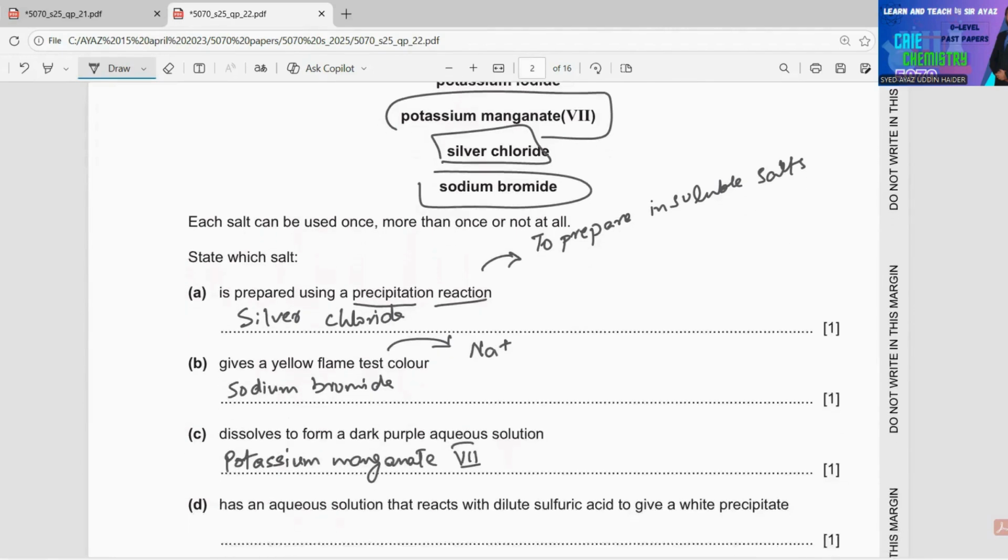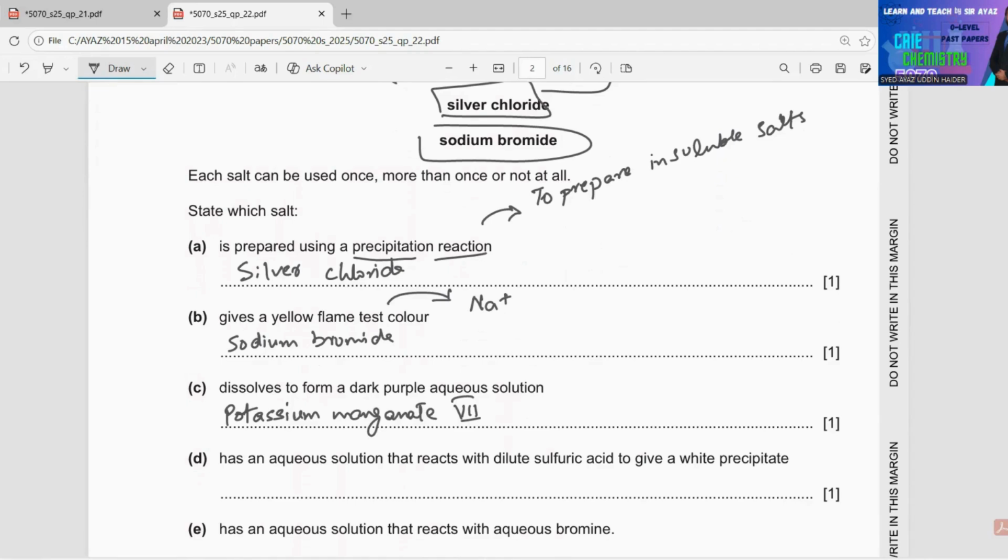Part D, has an aqueous solution that reacts with dilute sulfuric acid to give a white precipitate. Now, sulfuric acid is giving a white precipitate. It must be a reaction between the Ba2+ ion and sulfate ions to form a white precipitate of BaSO4, that's barium sulfate.